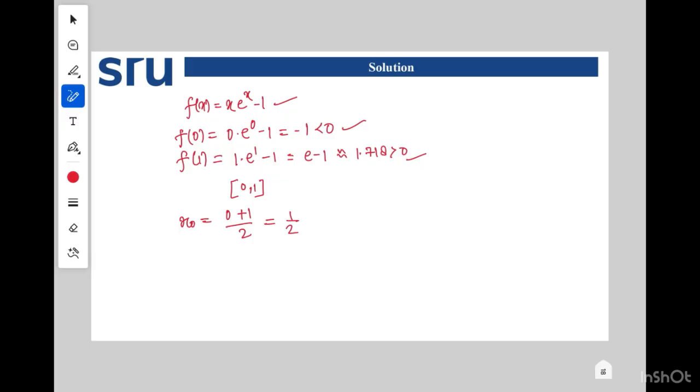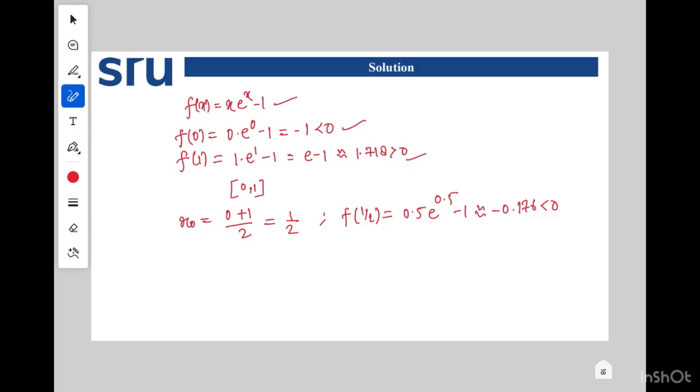Now we check the function value at x naught. f of 1 by 2 equals 0.5 e to the power 0.5 minus 1, which is approximately minus 0.176, a negative quantity.